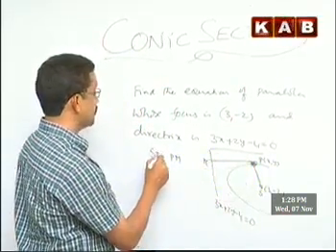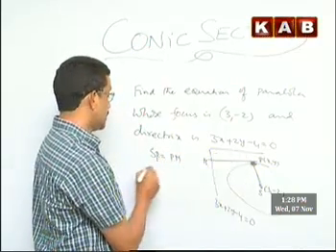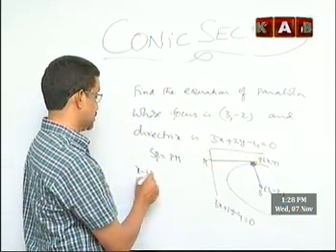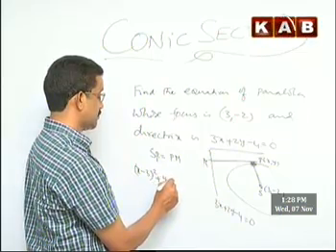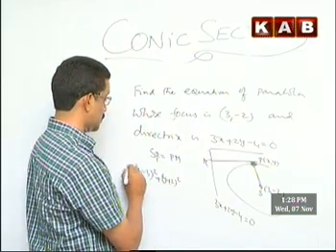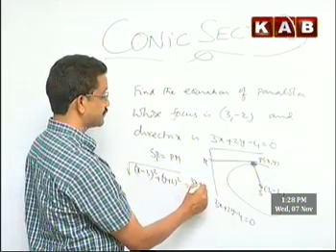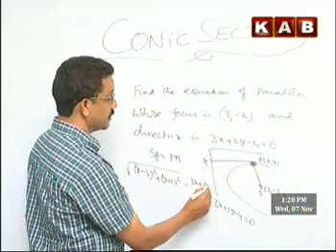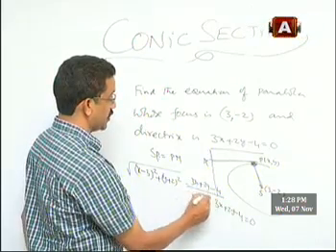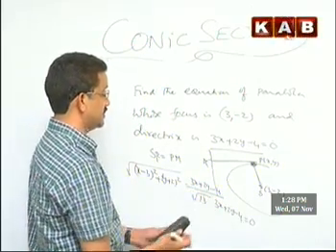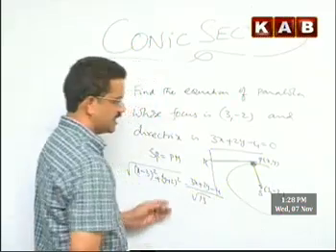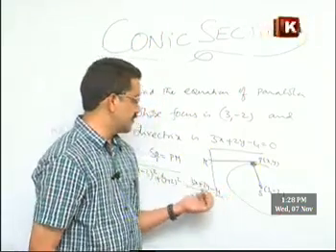If you take P as (x, y), what is SP? Under root of (x minus 3) whole square plus (y plus 2) whole square. PM, the perpendicular distance formula, is (3x plus 2y minus 4) by under root 13. The only activity left is simplifying this.